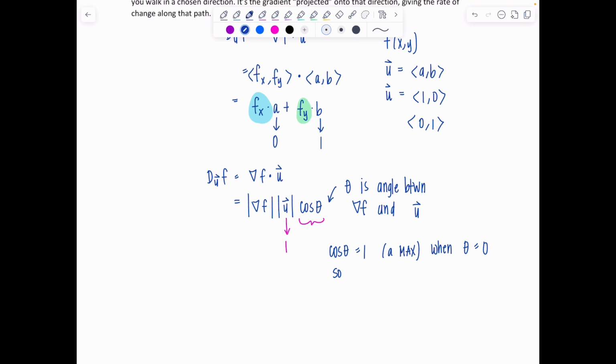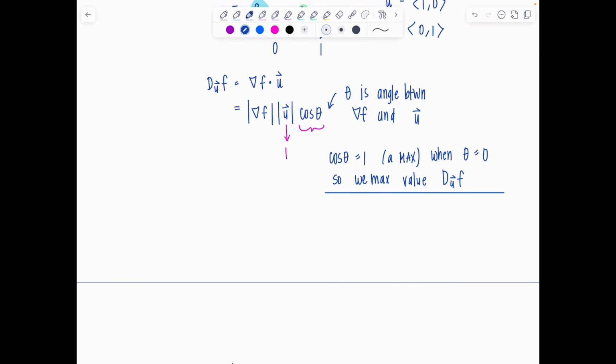So that's when we maximize the value of the directional derivative. Well, what does it mean if theta is equal to 0? That means the angle between the gradient and u is 0. Therefore, they are parallel, meaning the gradient is in the direction of u, or u is in the direction of the gradient.